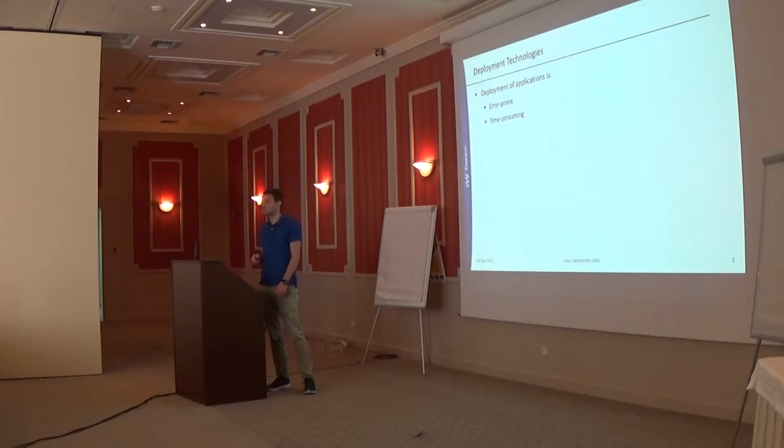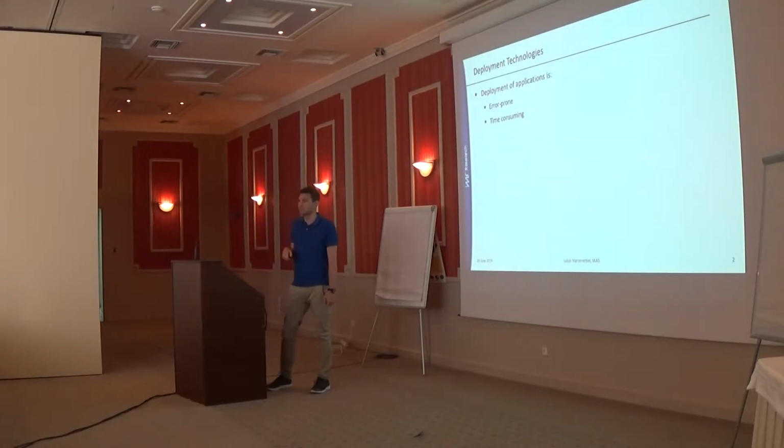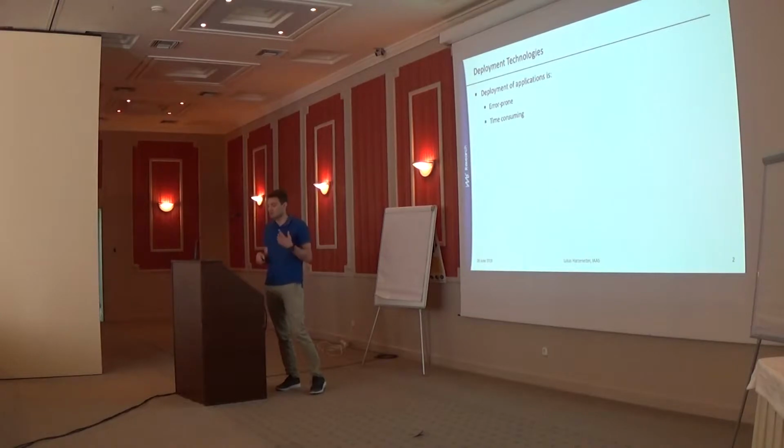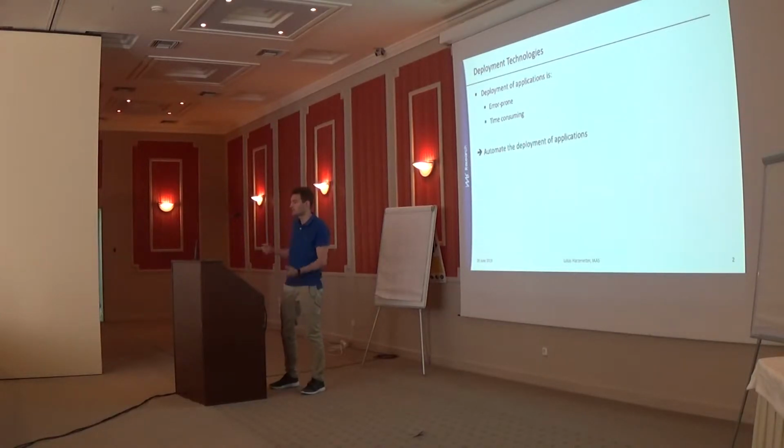I'm just giving a short introduction into deployment technologies, but we already heard this yesterday from Michael Oster. Deployment of applications is, as we all know, error-prone and time-consuming, so we have to automate it.